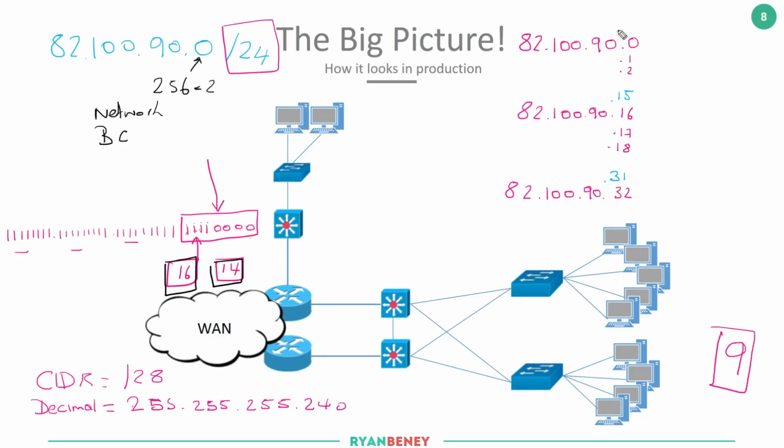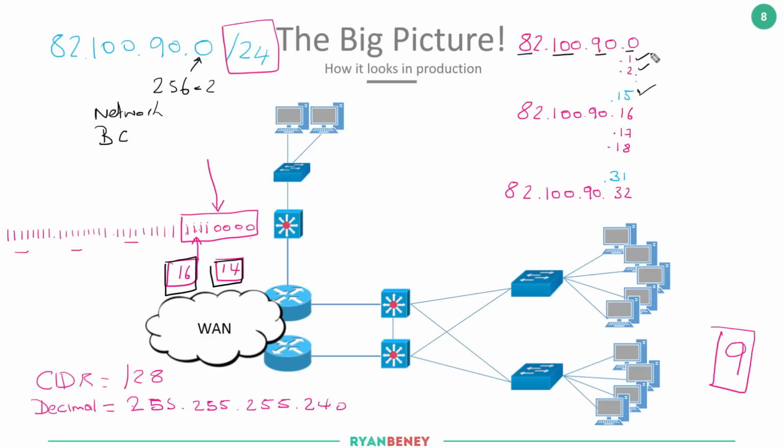And the way that would write out now is here you can see I've popped 82.190.0, and that will go .1, .2, .3, .4, .5 all the way up to .15. Then the next network will start at 82.190.16 all the way up to 31, and the next network will start.